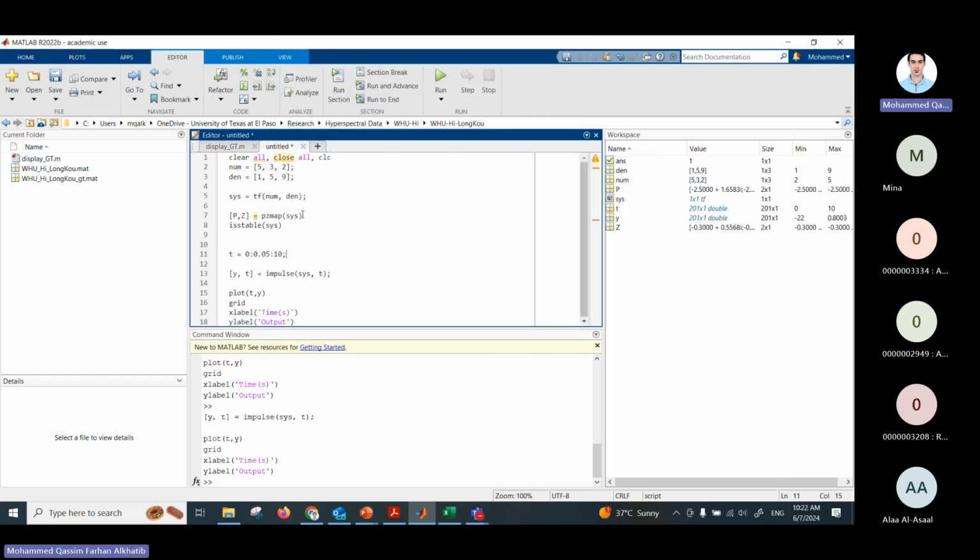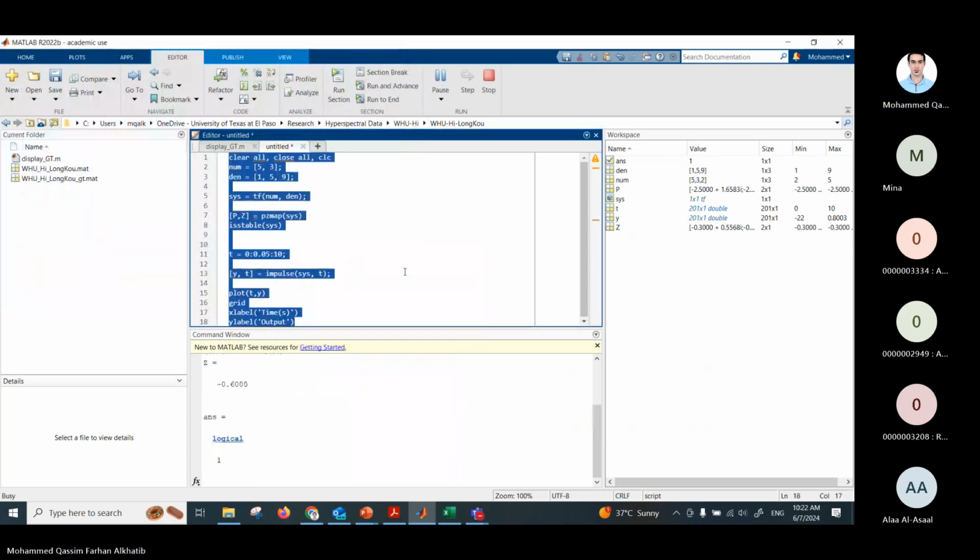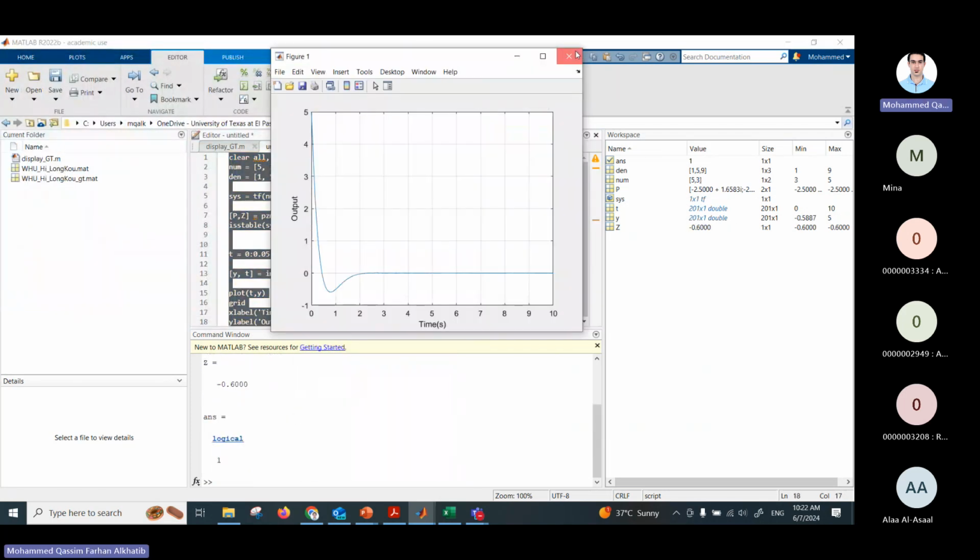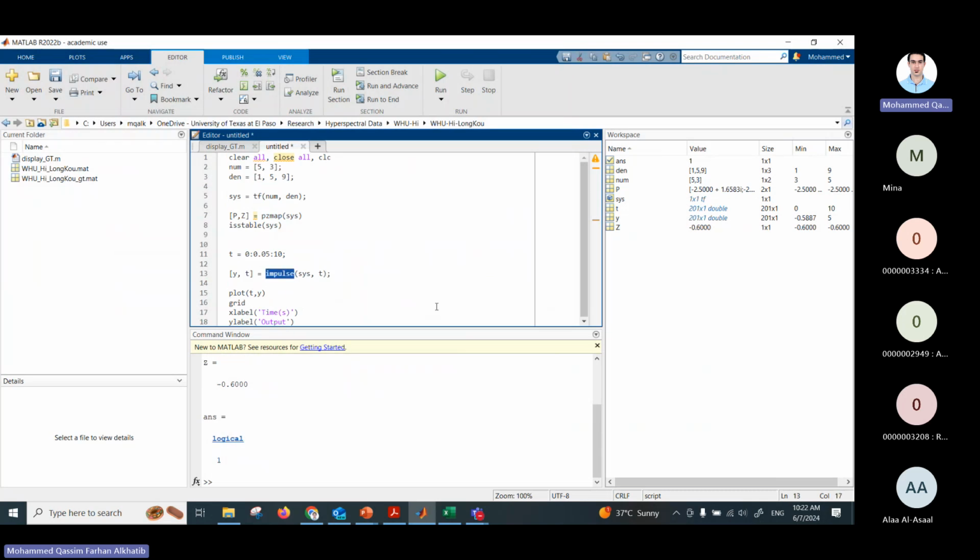All right, let's try another one. Let's remove the 2, run it and see how the behavior is. Again, another example like this, stable, step.